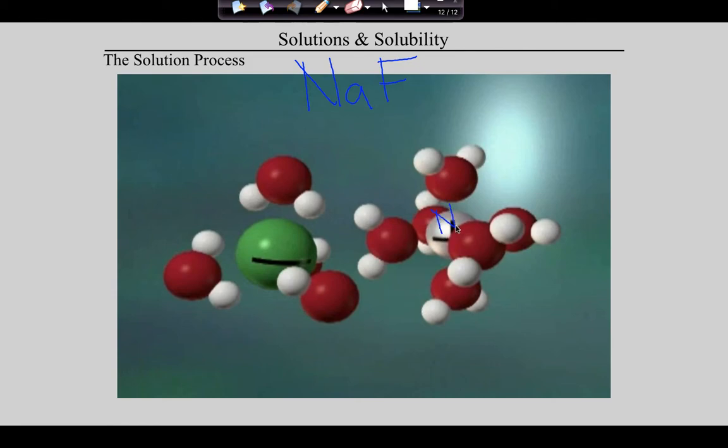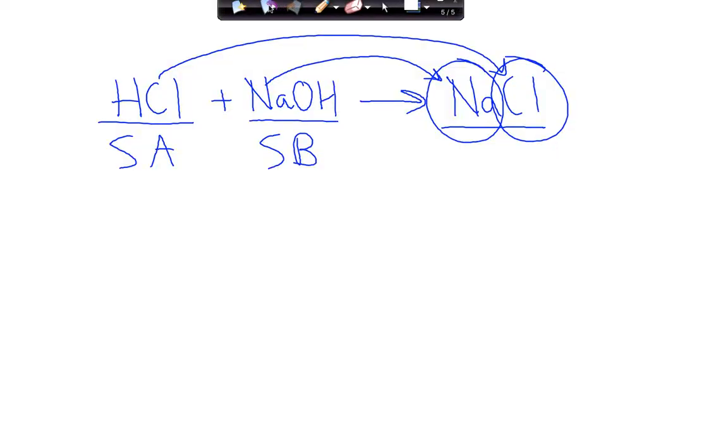This is now sodium. This is now fluorine. What will these do? Well, guys, to answer that question, let's go back over here and let's play a similar game. So now our salt is sodium fluoride.